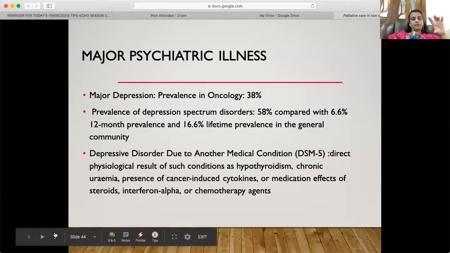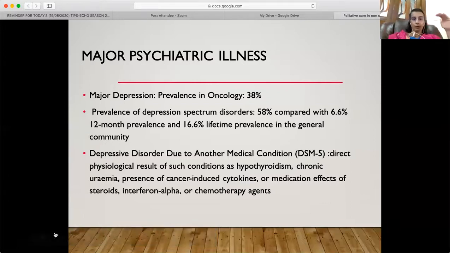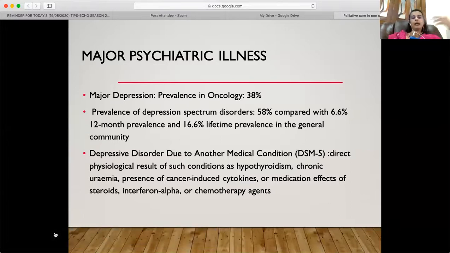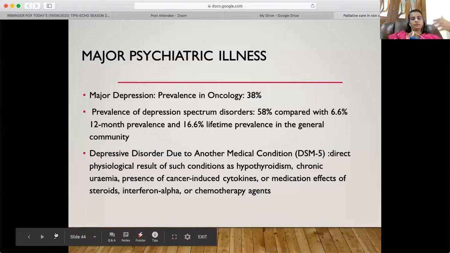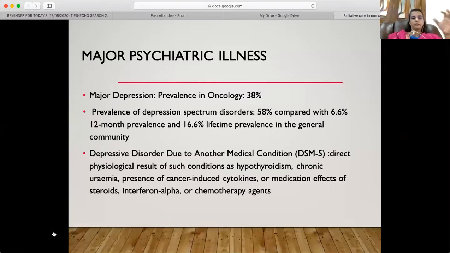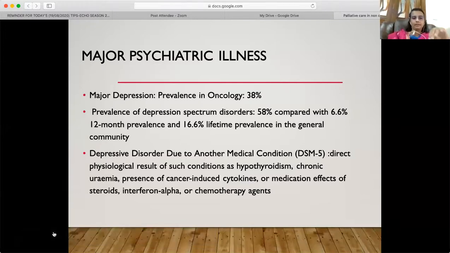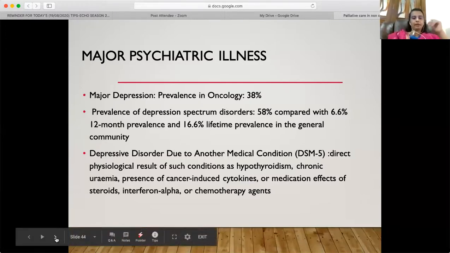The depression that comes in oncology patients actually comes under a different coding criteria: DSM-5, where there's a direct physiological result of conditions, so another medical condition causing depression. You can have hypothyroidism, chronic uremia, presence of cancer-induced cytokines, or medication effects of steroids. All these can cause depression. So depression in oncology or major psychiatric illness comes under the DSM-5 category.